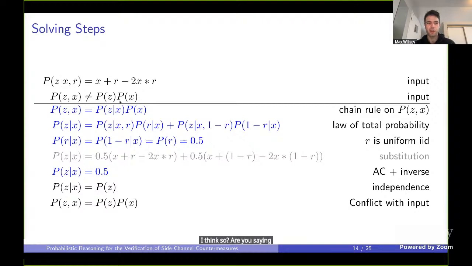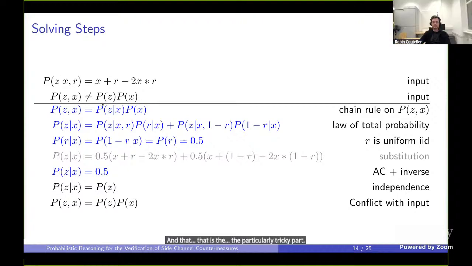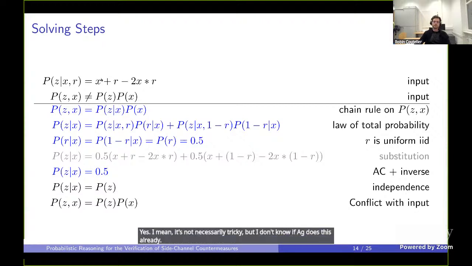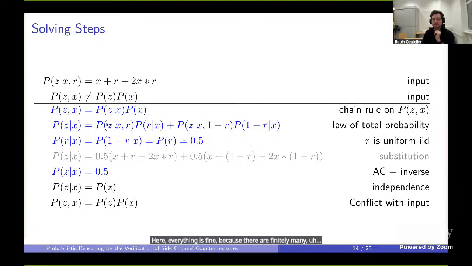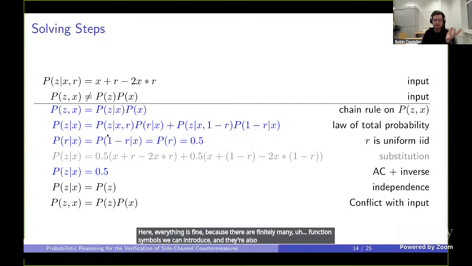Are you saying that it doesn't appear in the input? Yes. That is the potentially tricky part. I mean, it's not necessarily tricky, but I don't know if egg does this already. Yeah, that is supported. Okay. And also the thing that makes termination go out the window, but it's supported. Okay. Here, everything is fine because there are finitely many function symbols we can introduce, and there are also finitely many expressions, but everything is exponential pretty quickly.